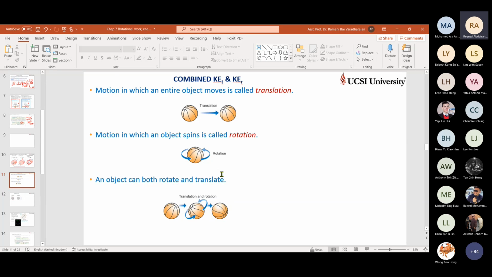It is also a combination of translation and rotation. Translation is not just a straight line, it can be a curved line. As long as there is no rotation, no angular displacement, you can take that as a translation.